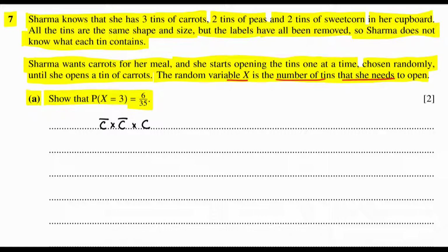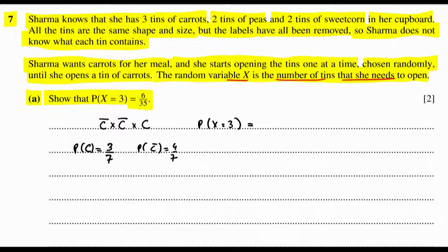That's the only possibility we need to calculate here. The probability of getting a carrot tin is 3 over a total of 8, and hence the probability of not getting it is 5/8.